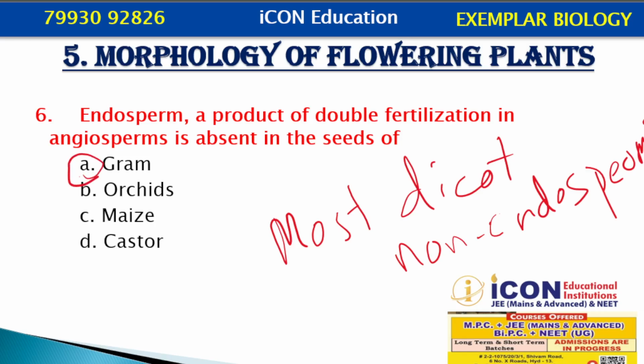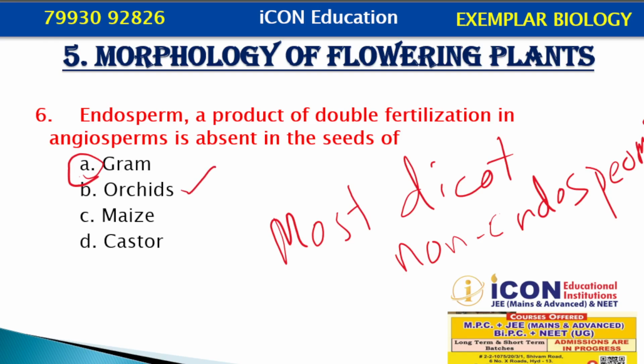Gram is a dicot seed which is non-endospermic because the endosperm is completely consumed by the developing embryo before the seed reaches maturity. But if you look at the other option, that is orchids.